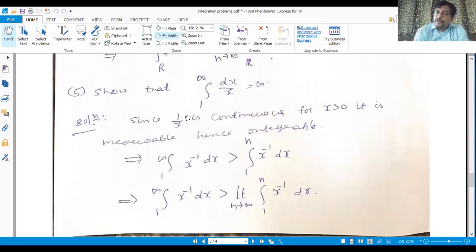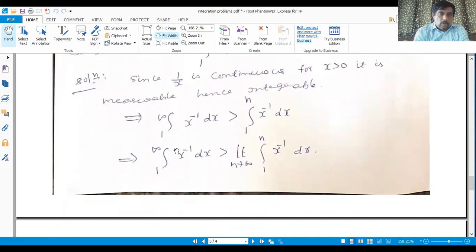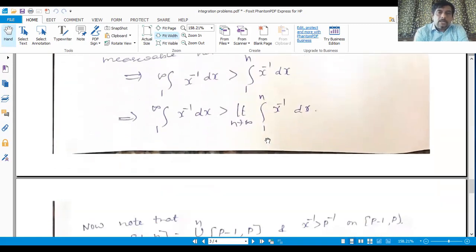It is measurable, hence definitely integrable also. The integral from 1 to infinity of x power minus 1 dx is greater than the integral from 1 to n of x power minus 1 dx. Then this can be written as the limit as n tends to infinity of the integral from 1 to n of x power minus 1 dx.